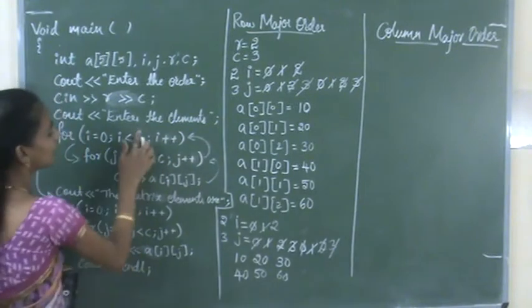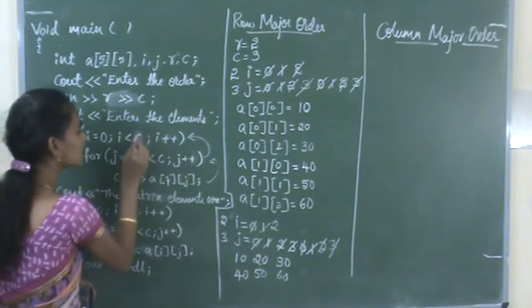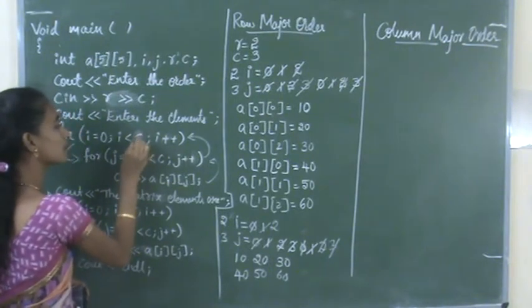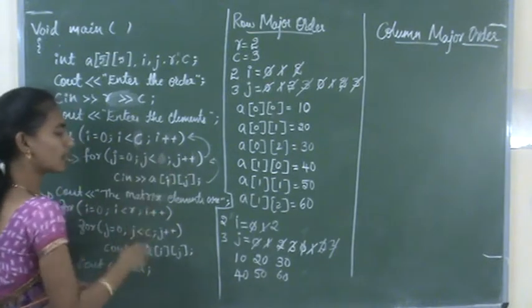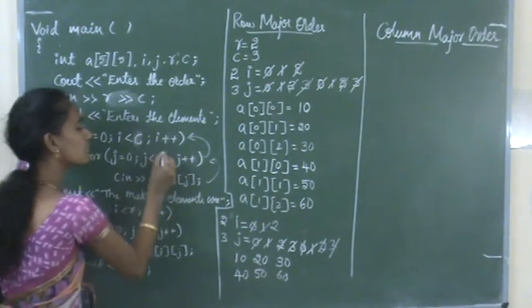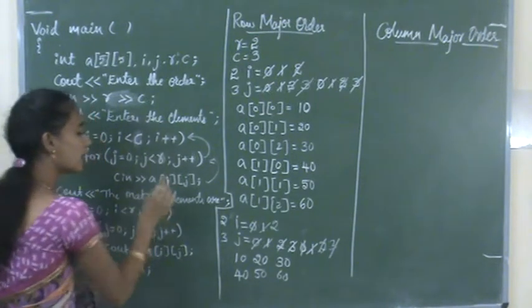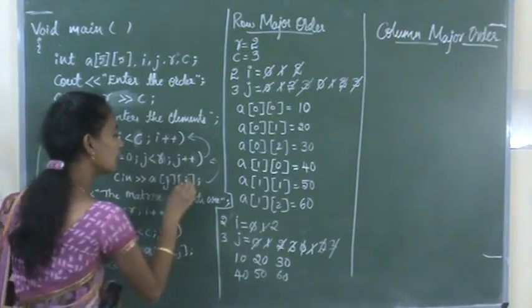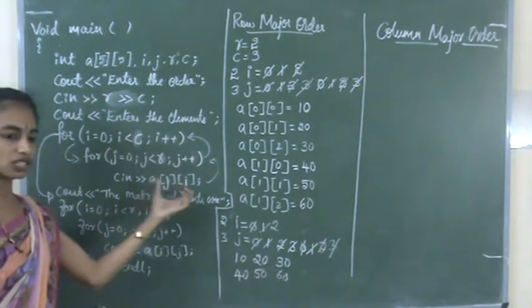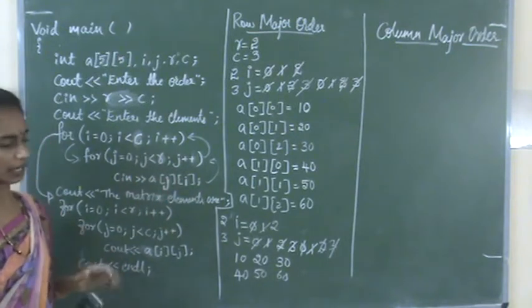So for that I will change the condition. First it has to read the column, so I will represent it as column C. Next we have to read the rows, right? So I will represent row. So here also first we need to read the column index and then the row index. I just interchange the rows and columns. The remaining things will be the same.